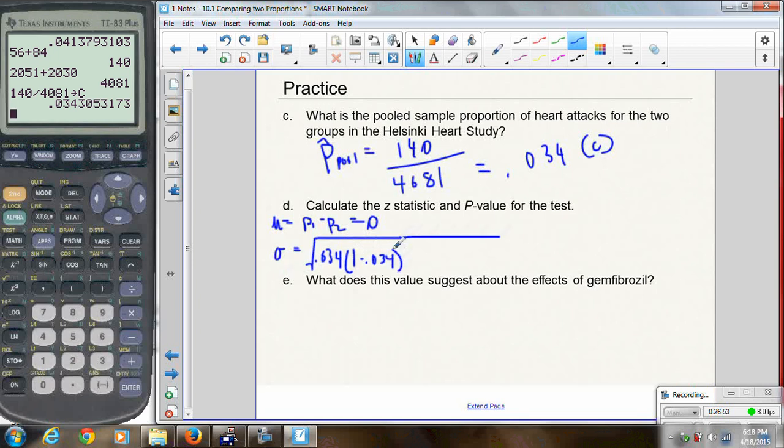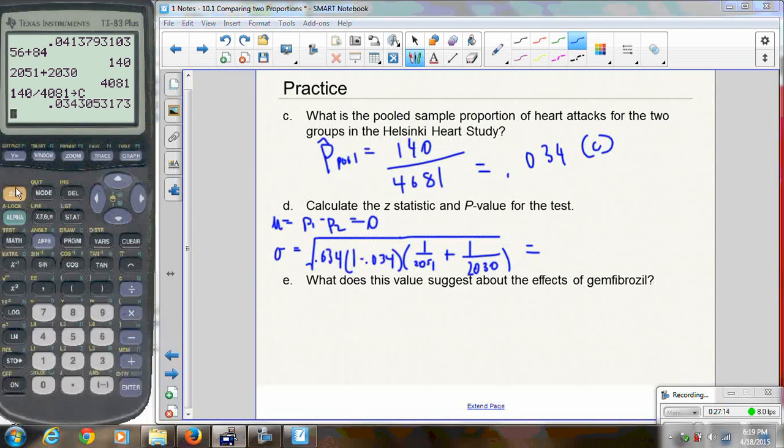It's going to be huge. Times 1 over the first population, or the first group, which was 2,051, plus the second, which is 1 over 2,030. And that's how I would calculate the standard deviation.